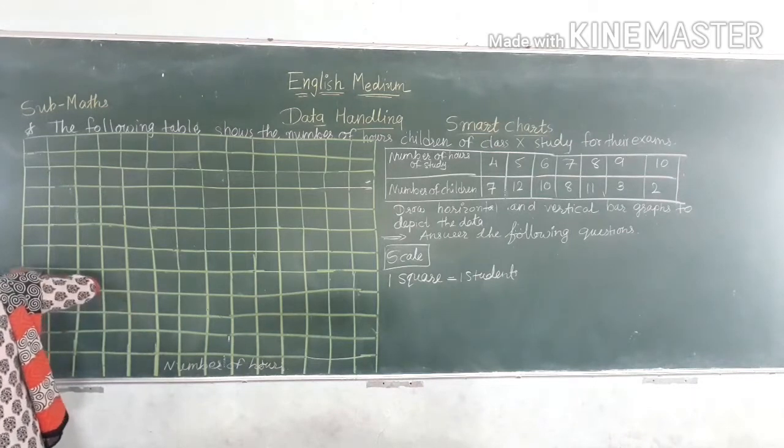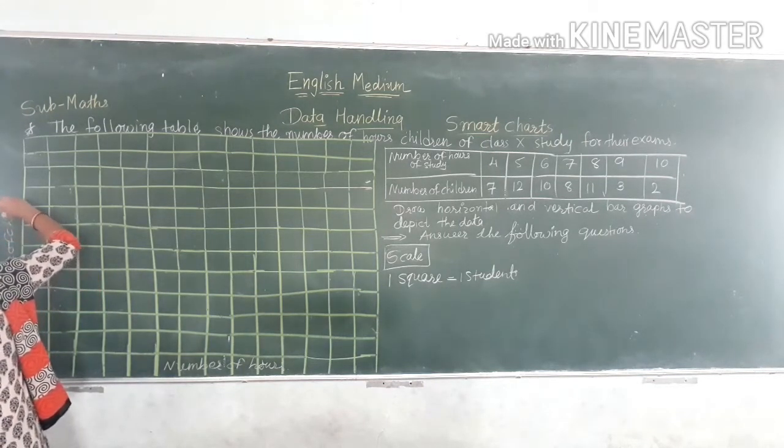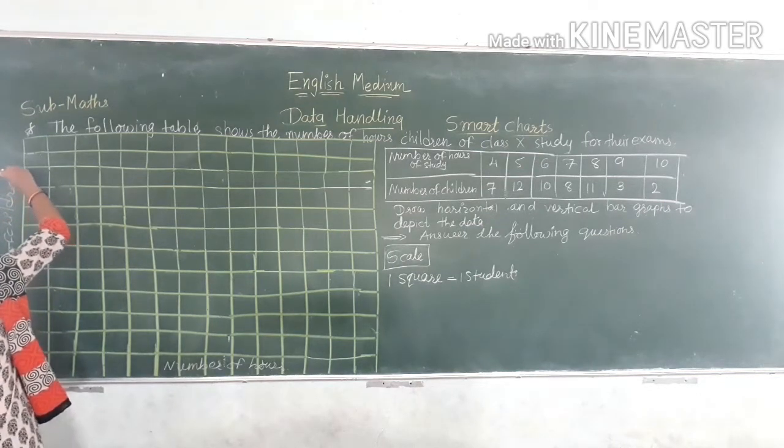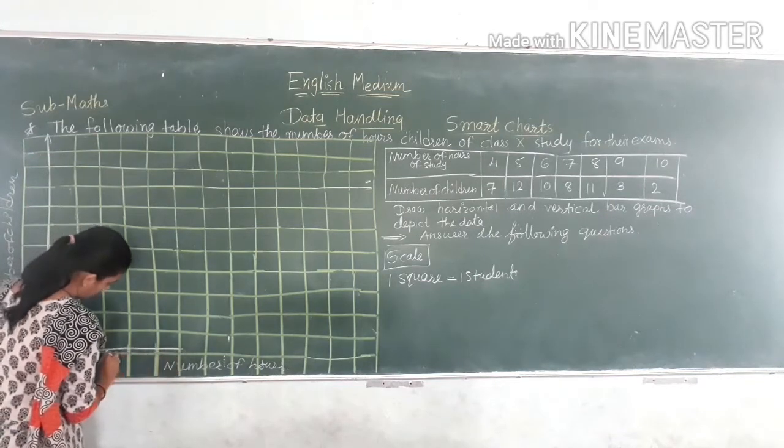Here we are using a scale: 1 square is equal to 1 child. Now we are making the vertical line and the horizontal line.